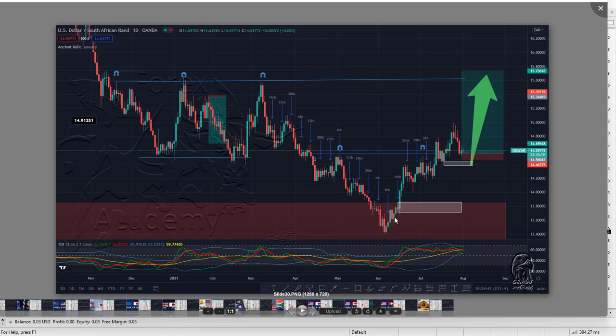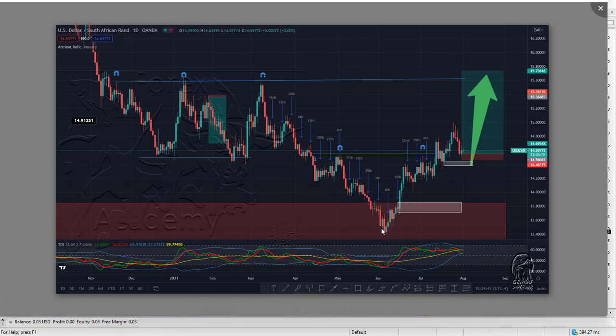I did share this pair while it was around the zone that people should start buying the rand, and it was giving more profit, and I'll be expecting them to take out the 15 rand 76 cent. That will be the market to take out this liquidity around the zone.